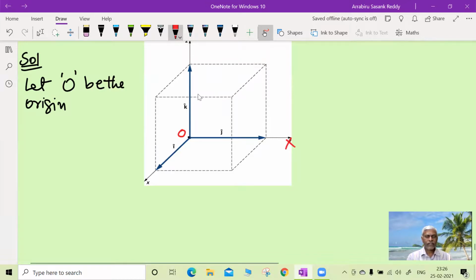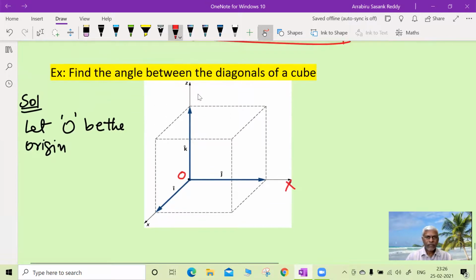Let us take it. This is the y-axis. Let's take this as the z-axis. X, Y, Z axis.